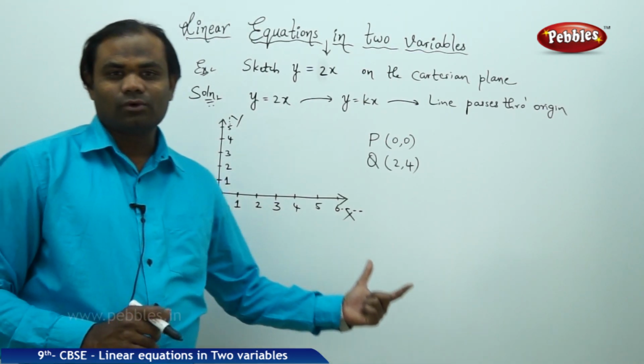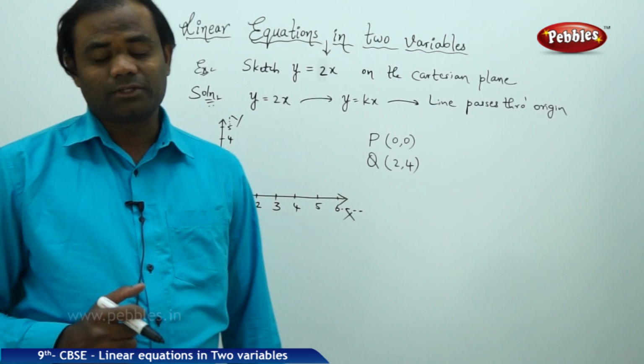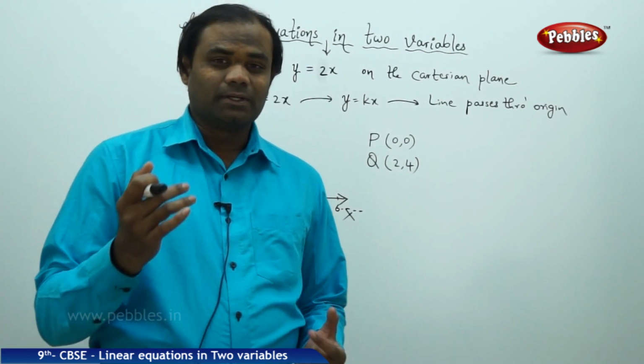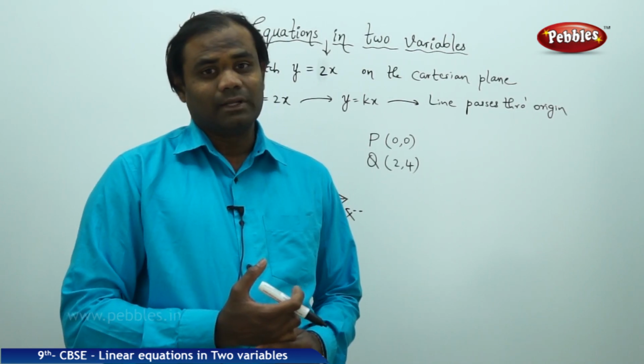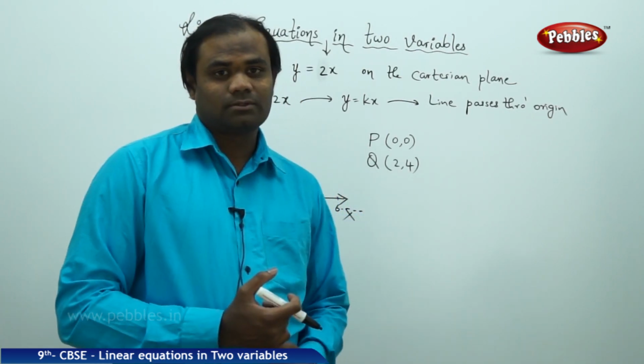So with this scale of 1 centimeter equals 1 unit on x-axis, and equally 1 centimeter equal to 1 unit also on the y-axis, let's see how we can sketch the points.